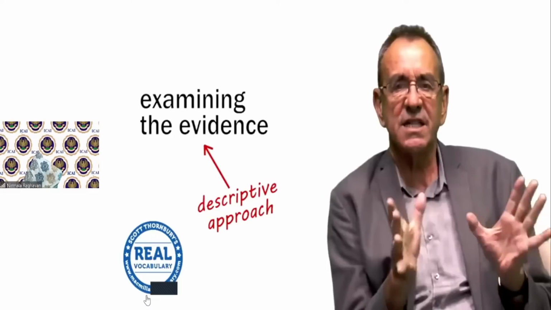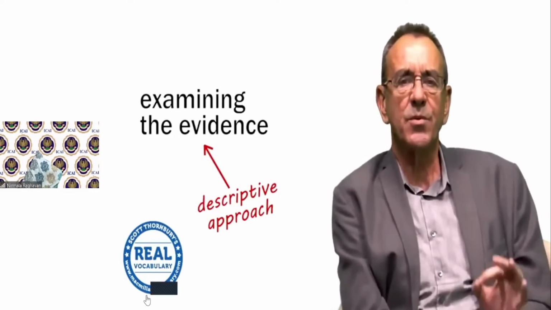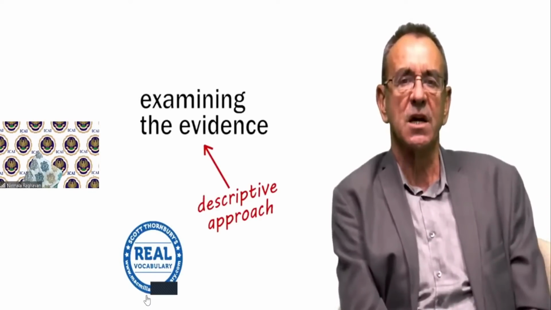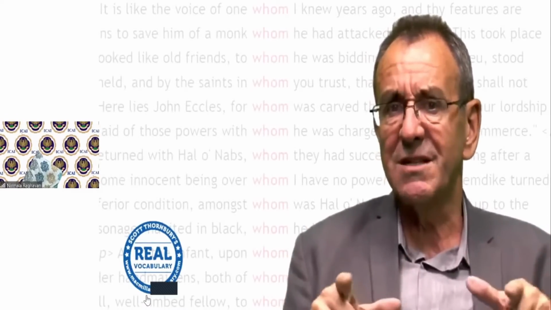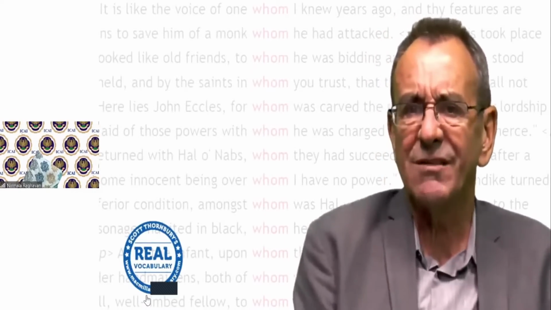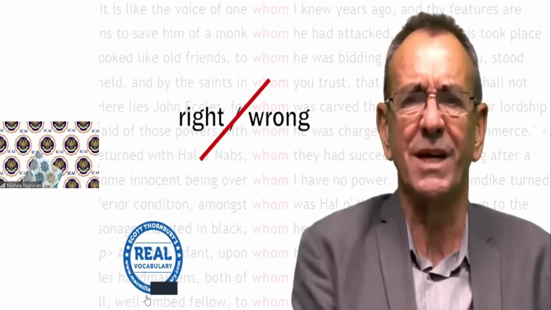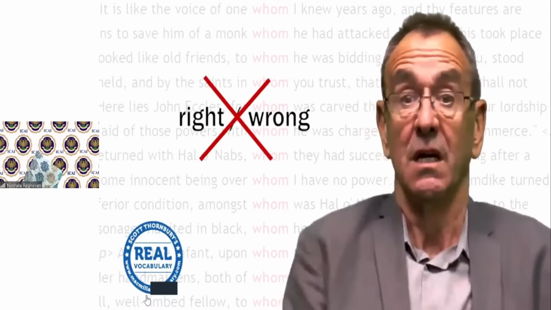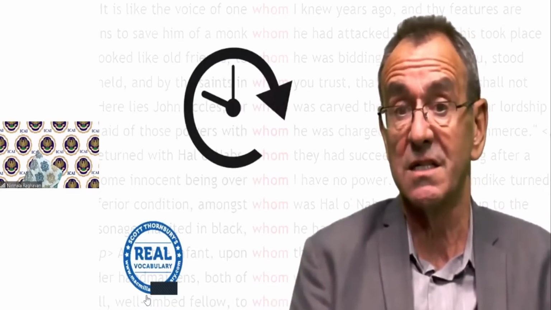That's when you try to discover the way language works by observing what people do when they communicate with one another in different situations. Our large corpora, that's databases of language in use, help us to see that many questions of grammar are not simple matters of right or wrong. Language is more complicated than that, and the norms of grammar can change over time, or they can vary according to context.